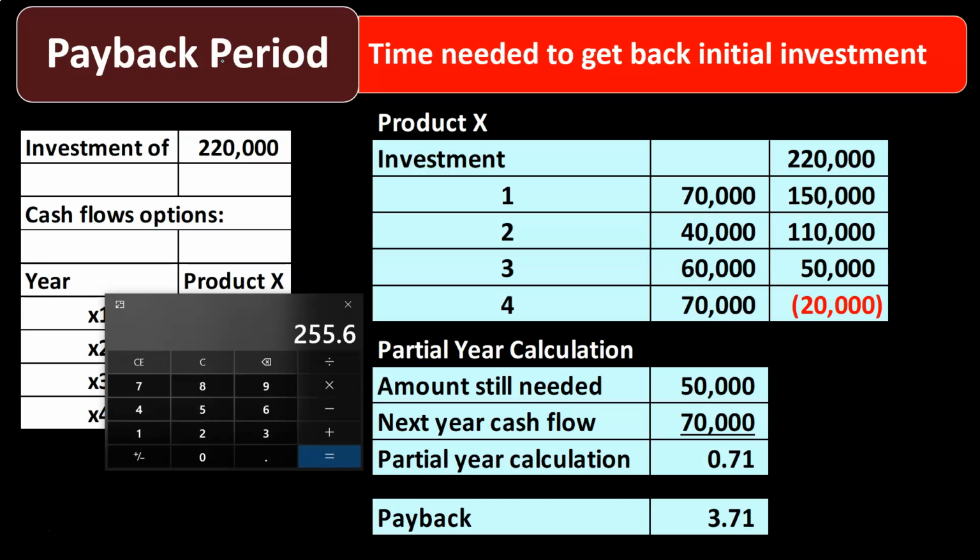So 3 years, 255 days. You could take that and divide it by 30, imagining 30 days on average in a month, to get 8.52 months, to figure out 3 years and 8.52 months.